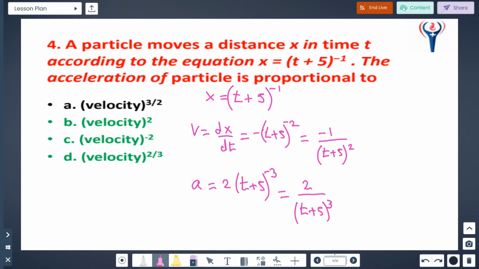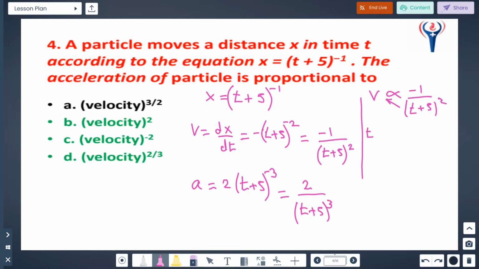Now we want to express this in terms of velocity v. That is v = -1 into (t + 5)^(-2). From this, v is proportional to 1/(t + 5)^2, ignoring the minus. Bring this (t + 5) here and v that side.